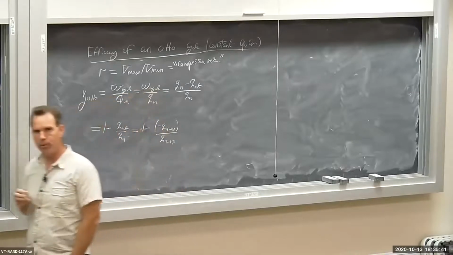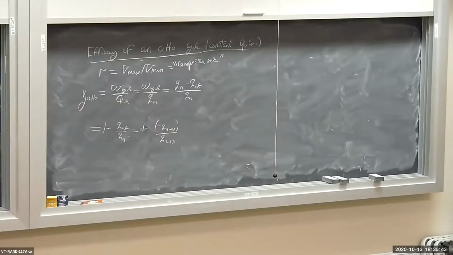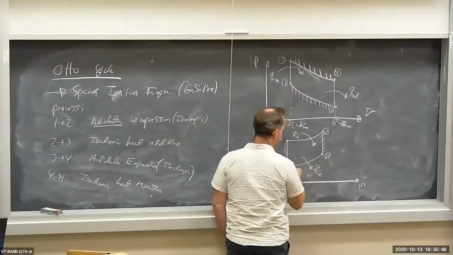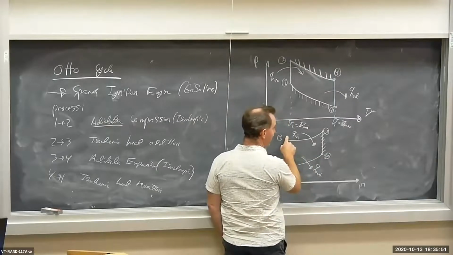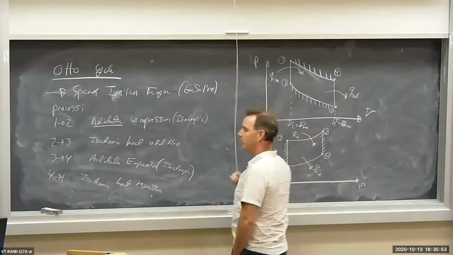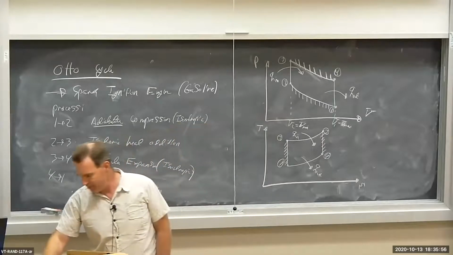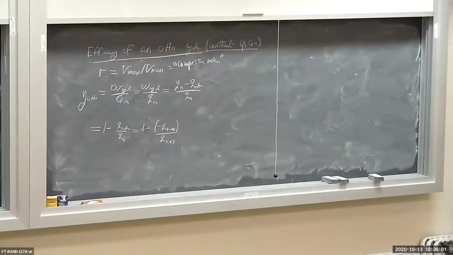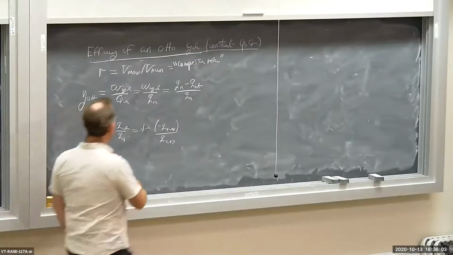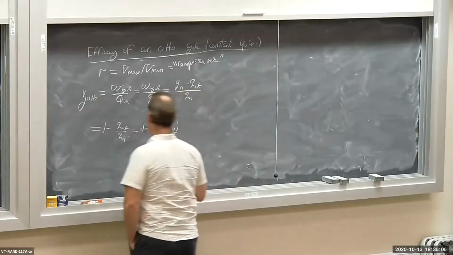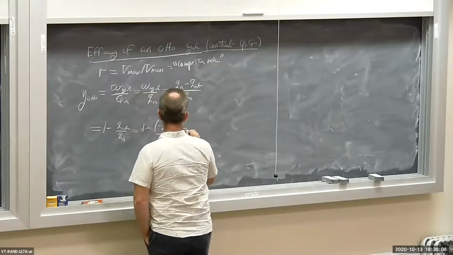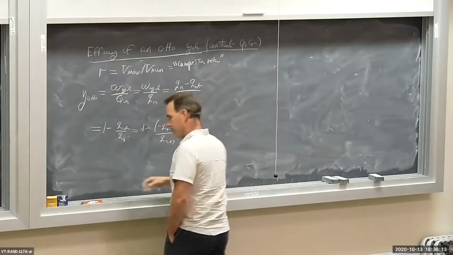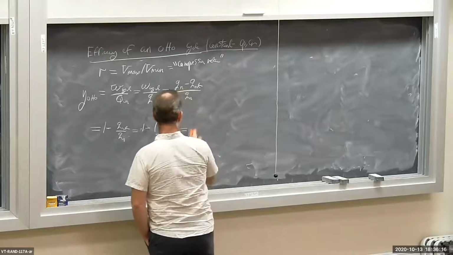Why the minus sign in the parentheses? Because Q out is out positive from 4 to 1, whereas Q in is in positive from 2 to 3. Remember, it's in positive in the energy balance, all right? Let's just leave it exactly the way it is.